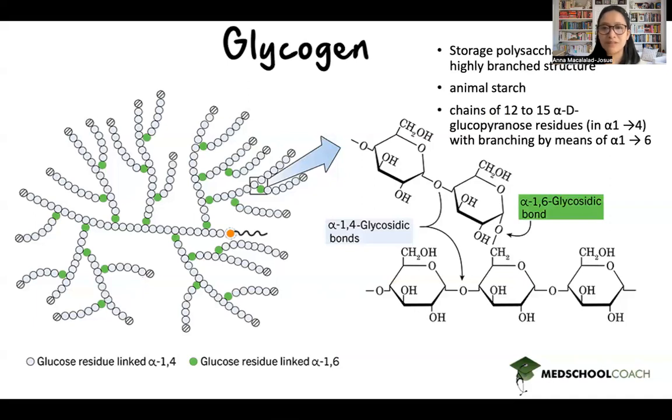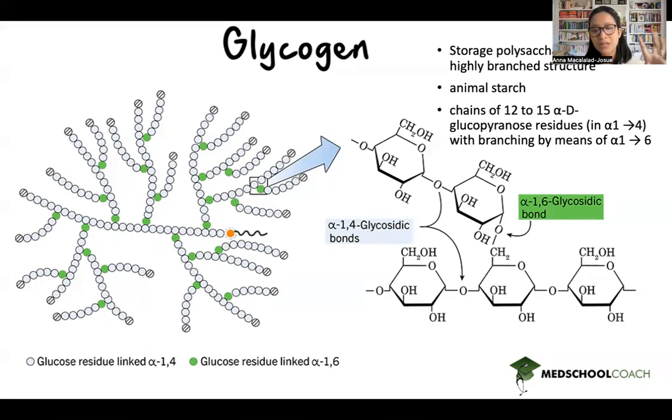For example, when you're in the fasting state, when you sleep at night, of course, you're not eating, your blood sugar will start to drop. When your blood sugar starts to drop, your body needs glucose to raise it back to homeostatic levels. So it will start breaking down glycogen through glycogenolysis in order to raise your blood sugar.